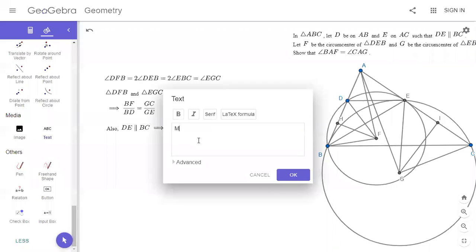If we multiply the two, we get BF over AB is equal to GC over AC.